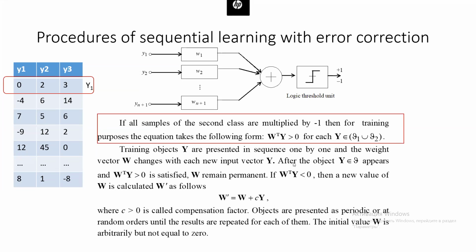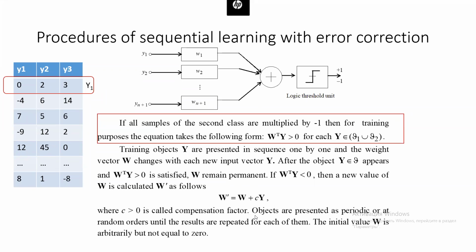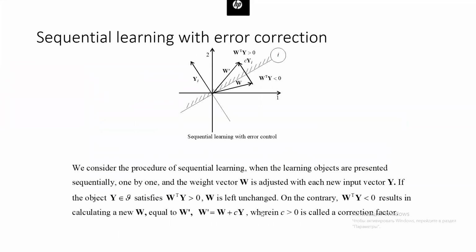If you have a result less than zero, you correct the position of your weight vector in order to find the position for which all projections will be positive. So this is sequential learning with error correction.